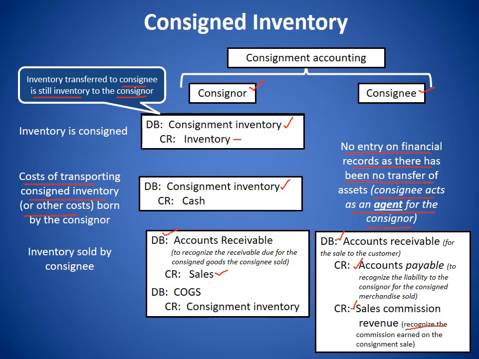Also, at the same time, because the consignor owned the inventory, it's going to remove that inventory from consignment inventory and then charge that cost to the cost of goods sold. So that's consignment inventory.